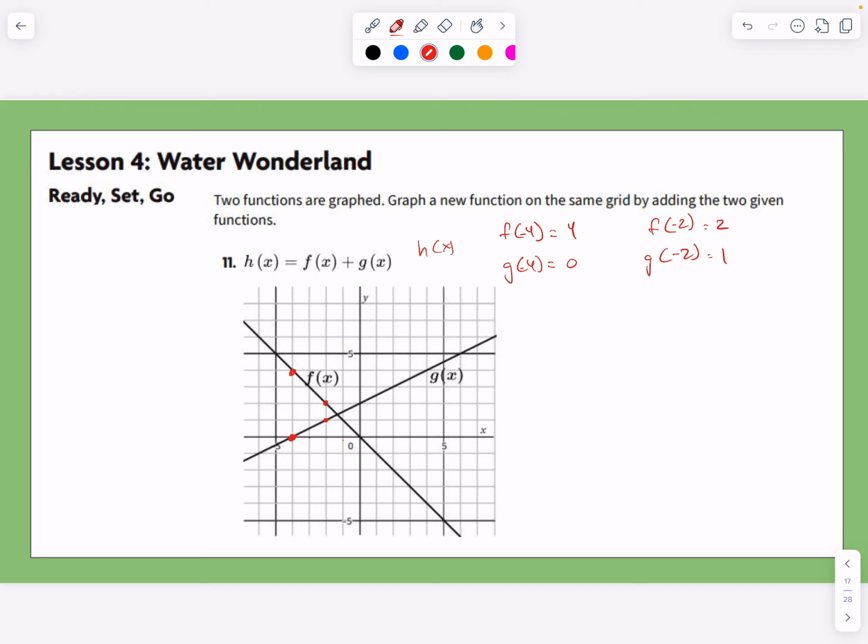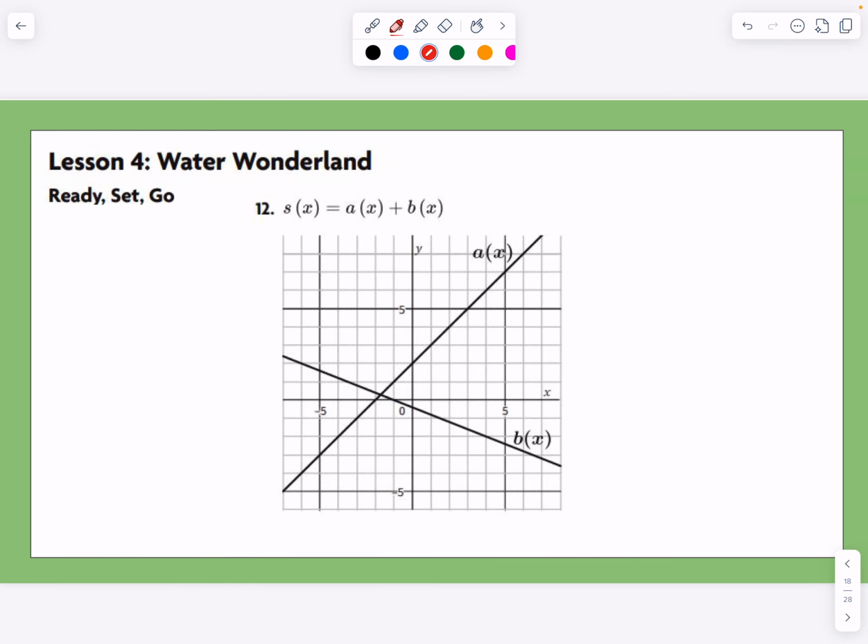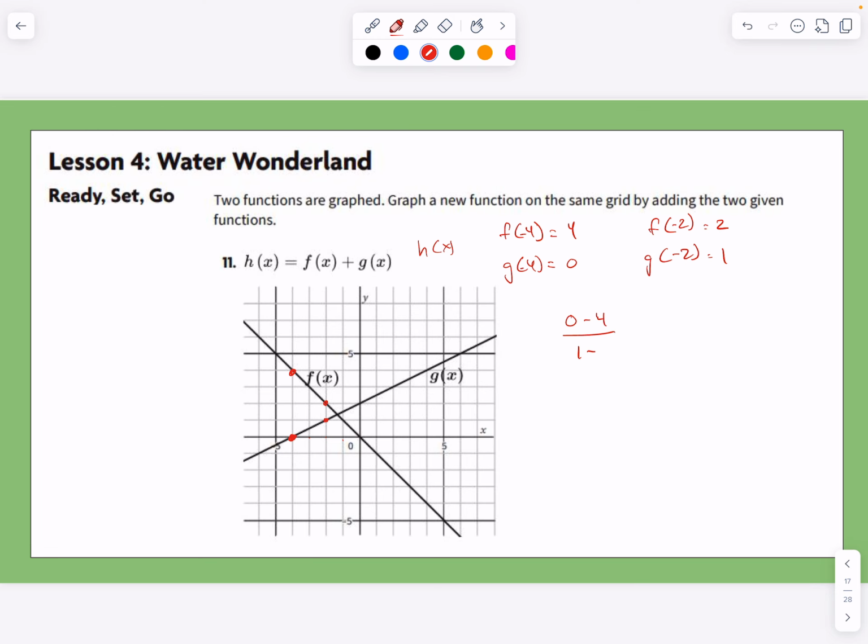So you have a 0 minus 4 divided by 1 minus 2. So you have a negative 4 and a negative 2. So you're at a positive 2. So at least we have, in a sense, a slope or rate of change for our new line. The question is, where is that going to start at? That's a great question. I'm not really sure.